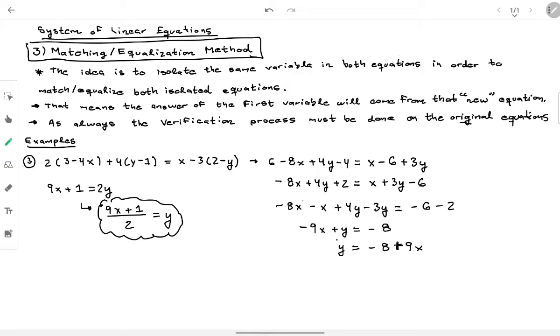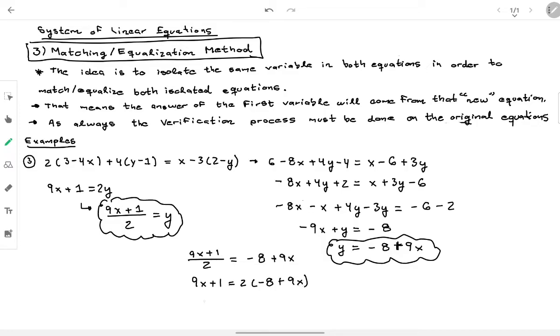So after having isolated the y on both equations, I can match both equations, and it's going to be 9x plus 1 divided by 2 equals minus 8 plus 9x. So it's going to be 9x plus 1 equals 2 that multiplies minus 8 plus 9x. 9x plus 1 equals minus 16 plus 18x.